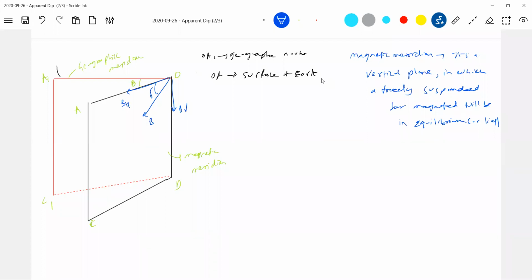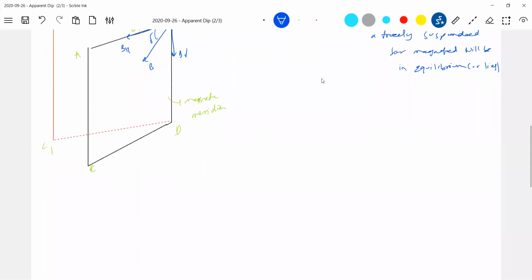So what shall I do now? I'll go for a unique method. Okay, there's a magnetic meridian. Even so, I'll start the discussion now.